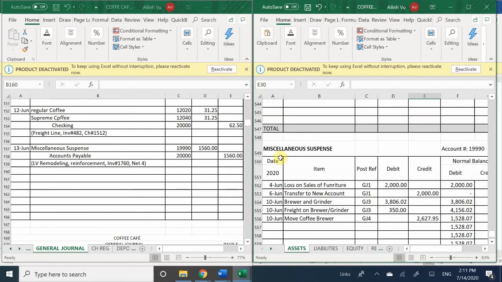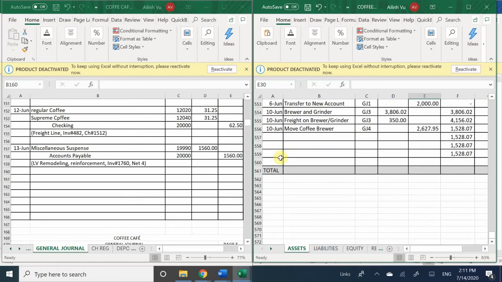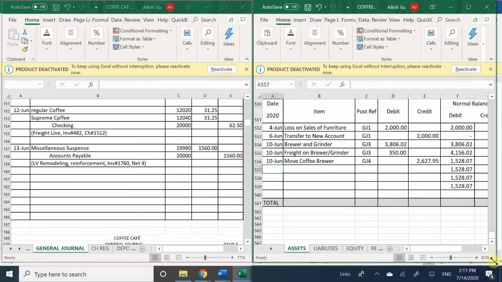Okay. Miscellaneous suspense. And we decided to drop in here on the 13th. Reinforcement for grinder. Okay. General journal number 4.